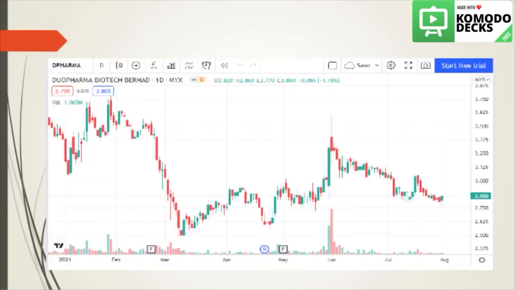So this is the stock trend for Duopharma Biotech Berhad this year, from January to August. On the 1st of August, Duopharma closed its price at 2 ringgit and 70 cents.